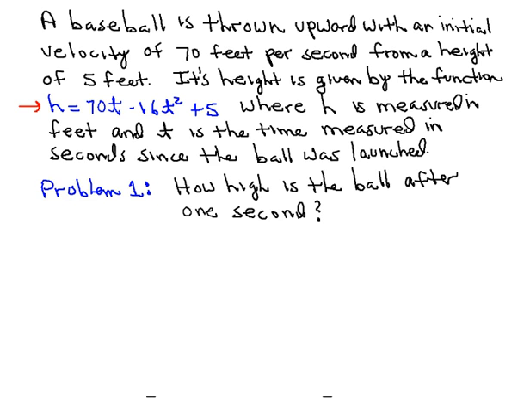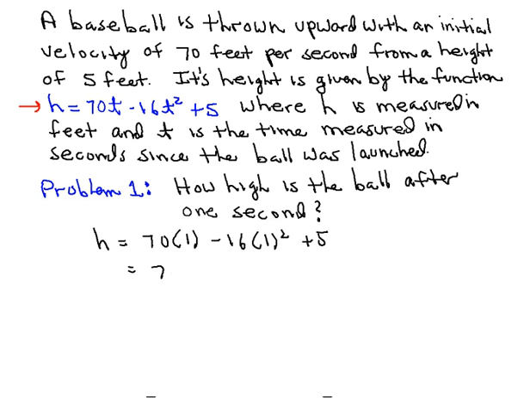1 second? So I think you would agree with me, all we need to do is to substitute into the equation the value 1 for t. So we'll have h equals 70 times 1 minus 16 times 1 squared plus 5.